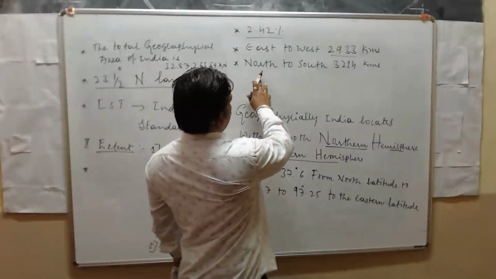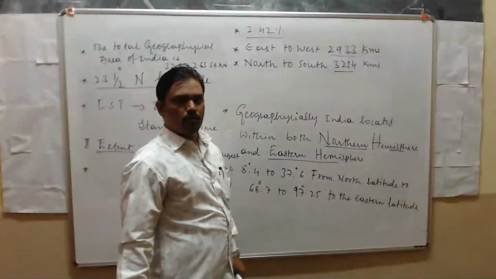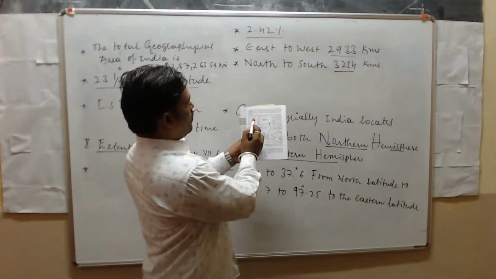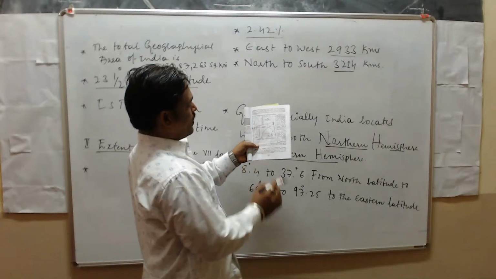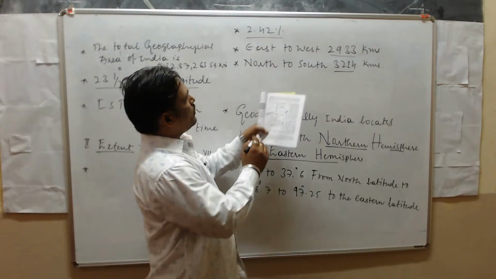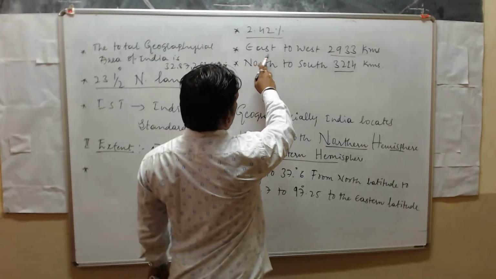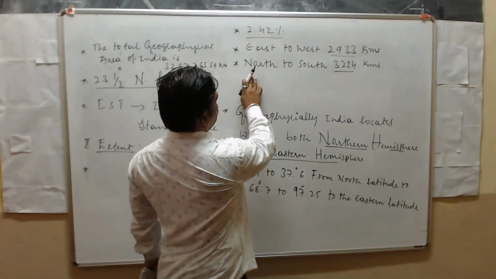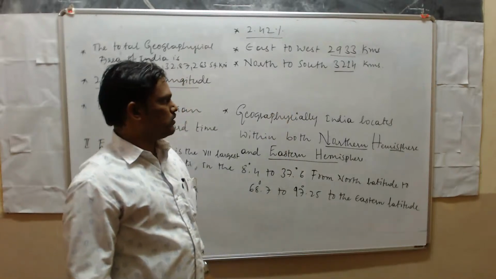Next, the distance between north and south, that is 3214 kilometers, from Kashmir to Kanyakumari. Okay, is it clear? The distance between east to west, 2933 kilometers. The distance between north to south, 3214 kilometers.